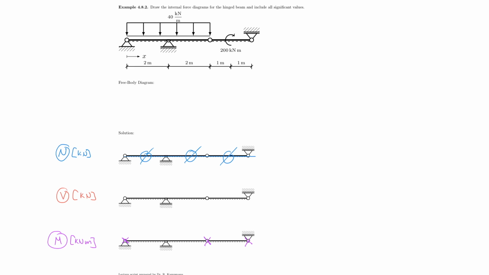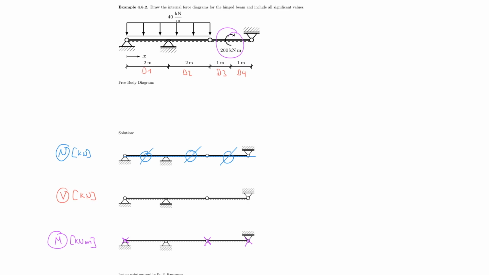I also know that my shear force diagram, and we think of this in domains again, right? So let's call this here D1, D2, D3, and D4. And in D1 and D2, my shear force diagram must be linear, then constant, and then constant. And now very careful, because for the moment diagram, I cannot just integrate in this case because of the concentrated moment.